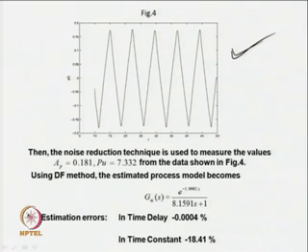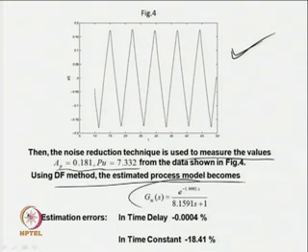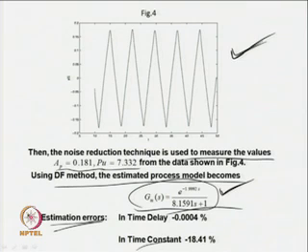Okay. Then the noise reduction technique is used to measure the values A p of this and of peak amplitude of this from the shown data, and then the describing function method is employed to estimate process model parameters. So, when you see this one, the process model parameters now calculated from this noise free or recovered signal have estimation errors of 0.0004% for the time delay and about 18.41% for the time constant.